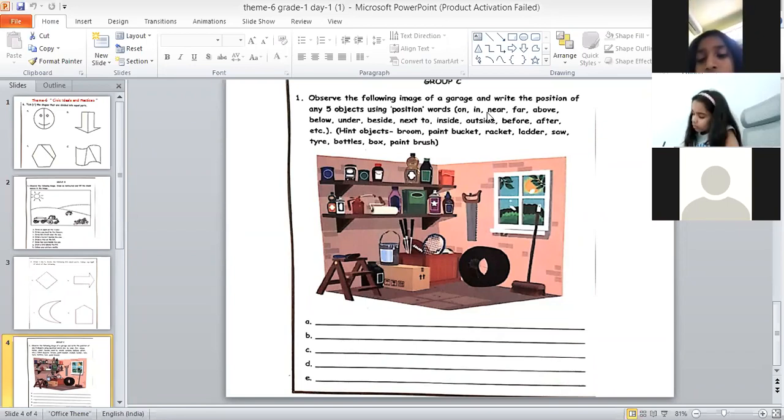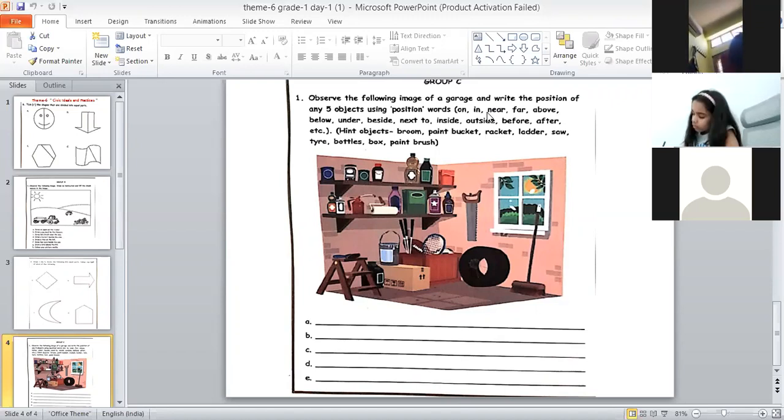These many things are there. Then you have to write the position of any of these 5 objects using position words like on, in, near, far, above, below, under, beside, next to, inside, outside, okay, before, after, etc.